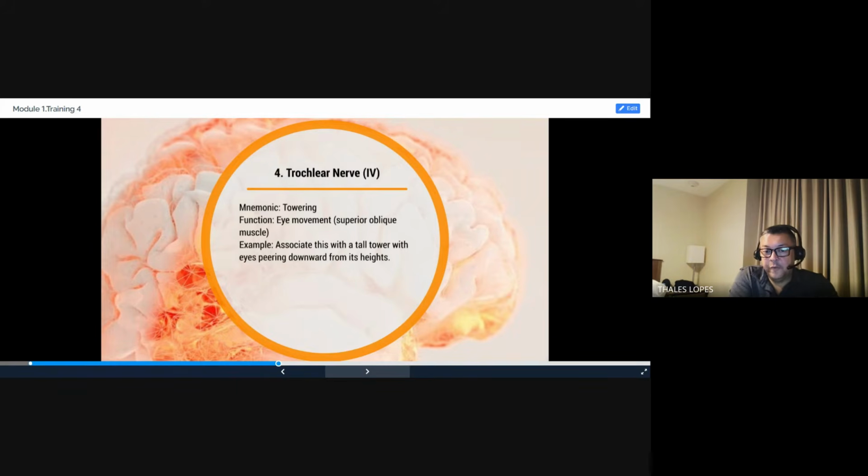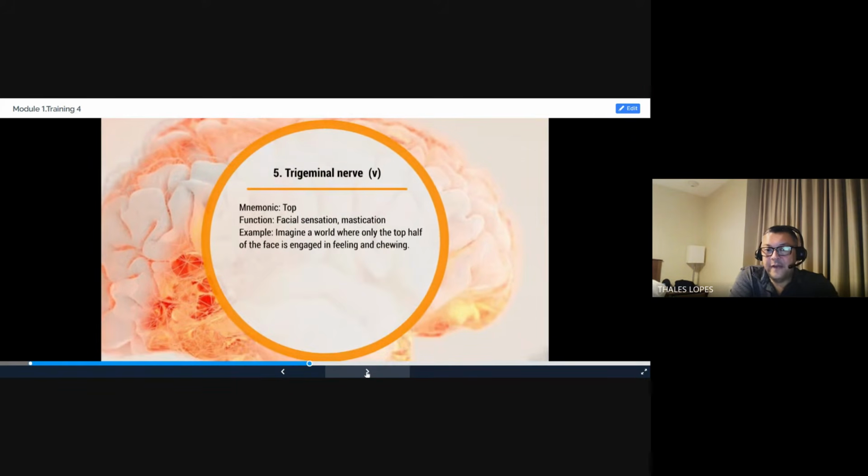Cranial nerve number 4. Number 5 is high yield, super high yield. Your facial sensation, your muscles of mastication would be cranial nerve number 5, right?